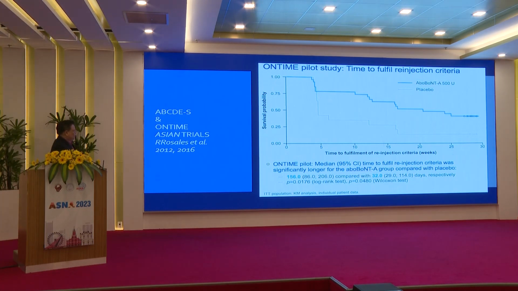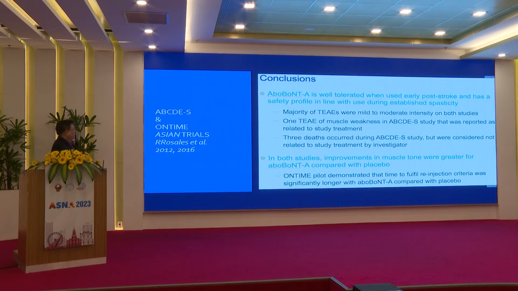Anyway, if you look at the on-time trial, you will have 156 days compared to 32 days in terms of re-injection, which means to say that you increase the re-injection time when you give early intervention with botulinum toxins, which is actually the time point that we targeted in terms of the on-time trial.